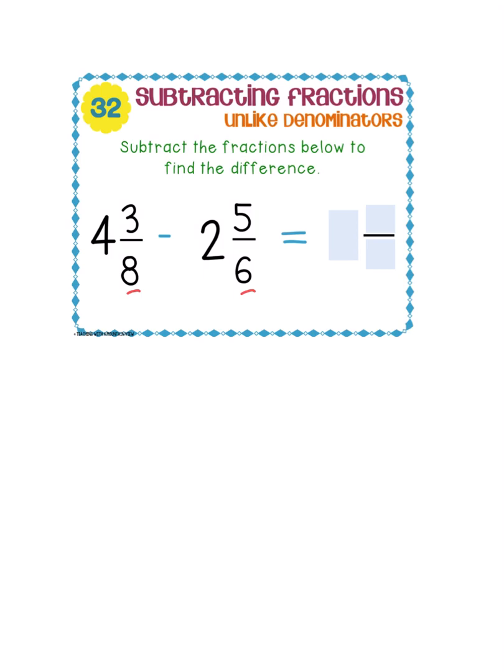Let's begin by figuring out the least common multiple for 8 and 6. I'm thinking it's going to be 24. Yes, 24 is the smallest multiple that they both have in common.